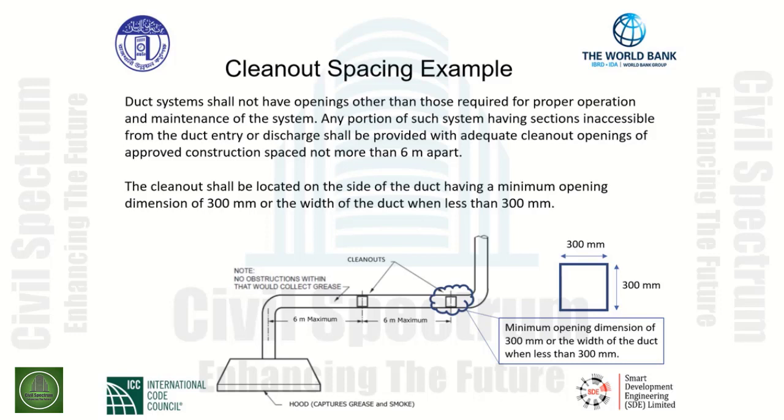As seen below, we have a hood that captures grease and smoke and draws it up through filters before it enters the duct. The spacing of the cleanouts is 6 meters maximum. At this interval, it meets the code requirement and is in compliance.